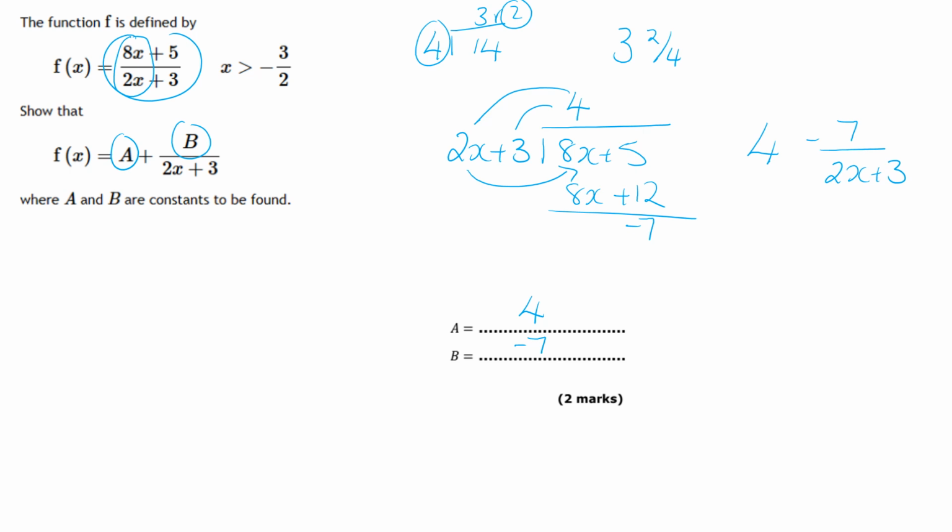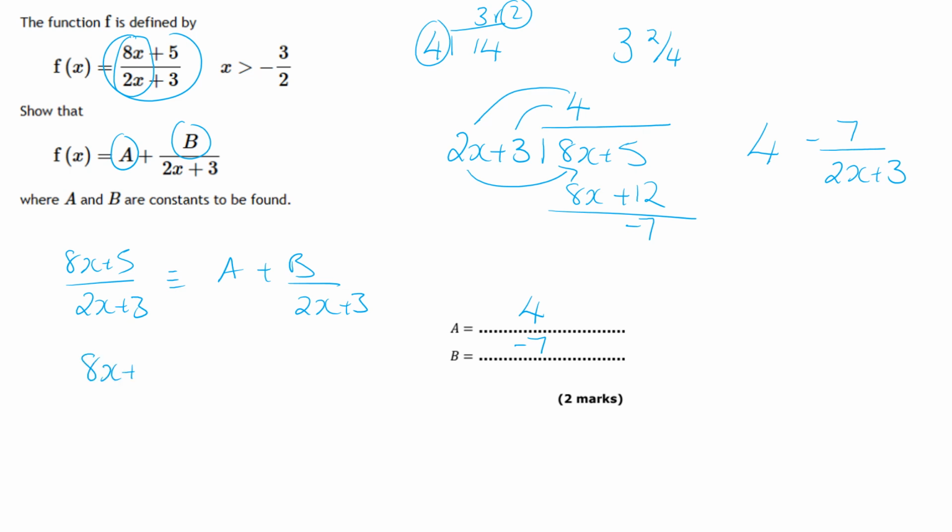If you wanted to do it the partial fractions way, you could say 8x plus 5 over 2x plus 3 is equivalent to A plus B over 2x plus 3. Clear the fractions by multiplying throughout by the 2x plus 3, the denominator.